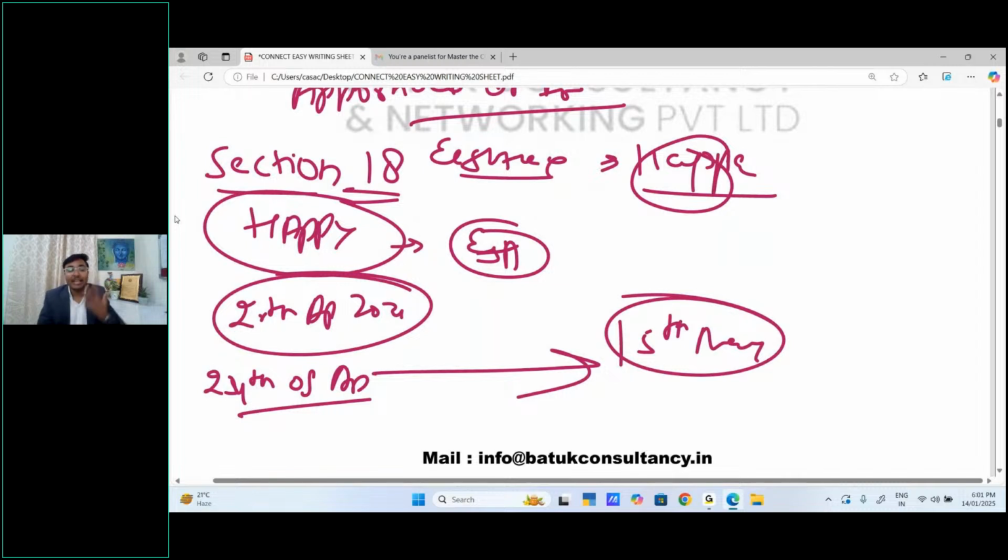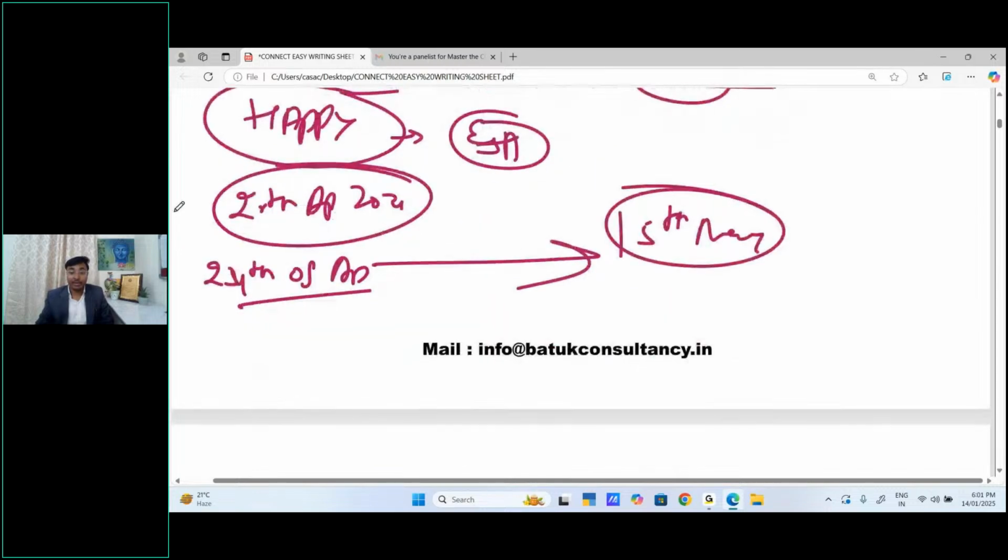Section 18 making happy. Also they have mentioned, suppose earlier your product was exempted, now your product is taxable through the notification. So whatever input goods are available with you in your stock as on the date of liability, you will be eligible to claim the input tax credit. Also they have mentioned that Mr. Sachin, suppose earlier you were registered under composition scheme, but now you are registered under regular scheme.